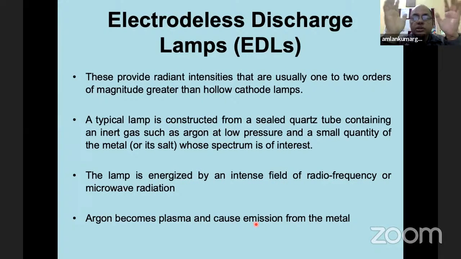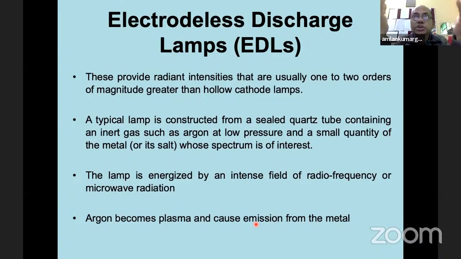In the hollow cathode lamp, the energy involved is not so high. In the electrodeless discharge lamp, you have a sealed quartz tube wherein you have argon and the metal salt of your interest. It is enclosed in this way. And then you apply radio frequency or microwave radiation wherein argon becomes heated to a very high temperature, it becomes plasma, and at that high temperature, your iron salt will also become excited.